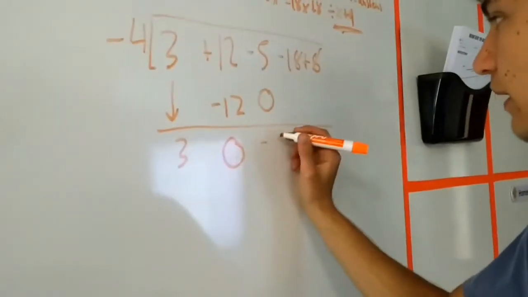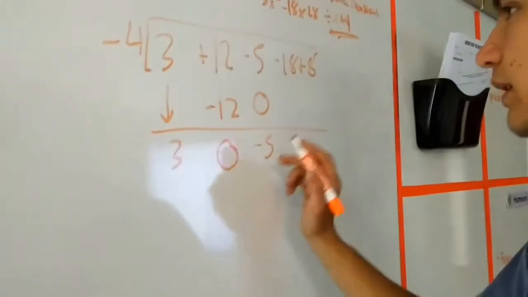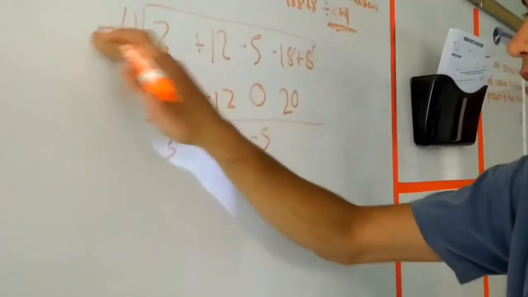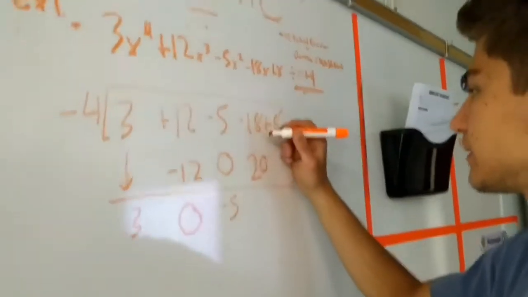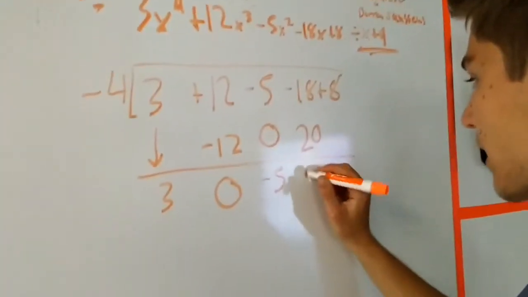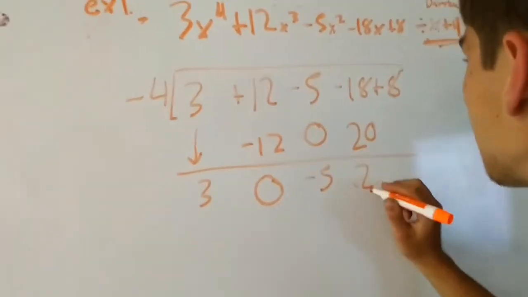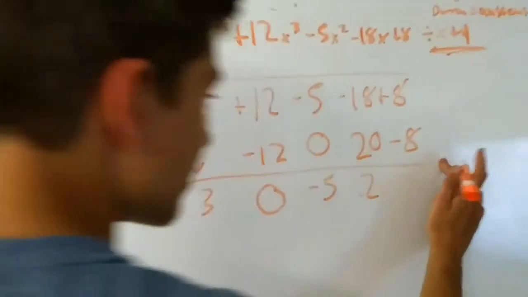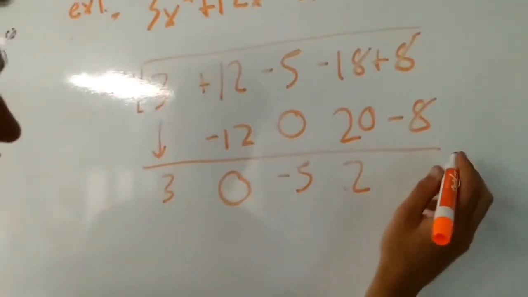Bring this down, -5. -4 times -5 is positive 20, because of negative times a negative. -18 plus 20 is positive 2. 2 times -4 is -8. Now look at what's going to happen here. These are going to cancel each other out.